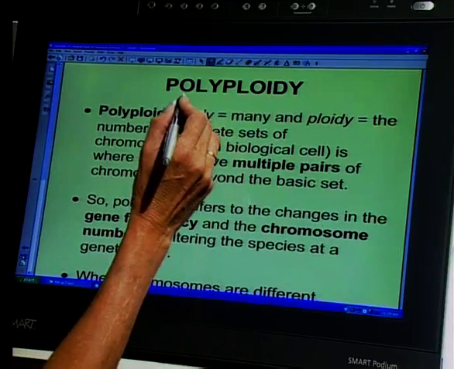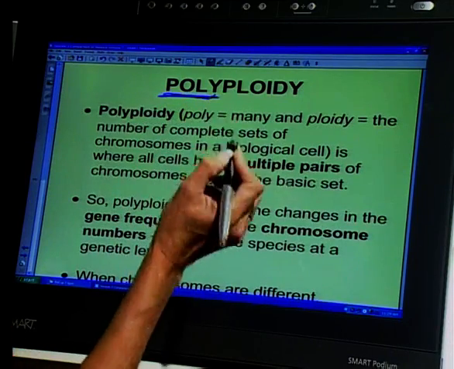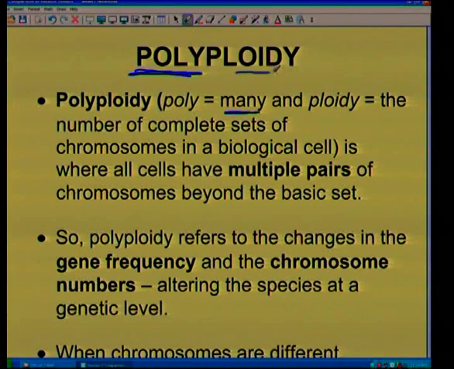Now, if we look at polyploidy, again, look at the word. Don't think, oh my gosh, I'll never learn this. Poly means many. Ploidy, well, you know, diploid, haploid, it refers to the chromosome number. Okay, the complete sets of chromosomes. Now, where all the cells have multiple pairs of chromosomes beyond the basic set.